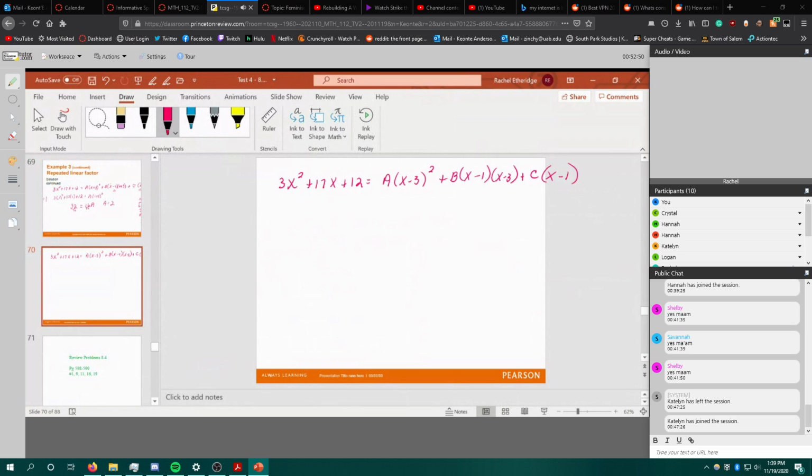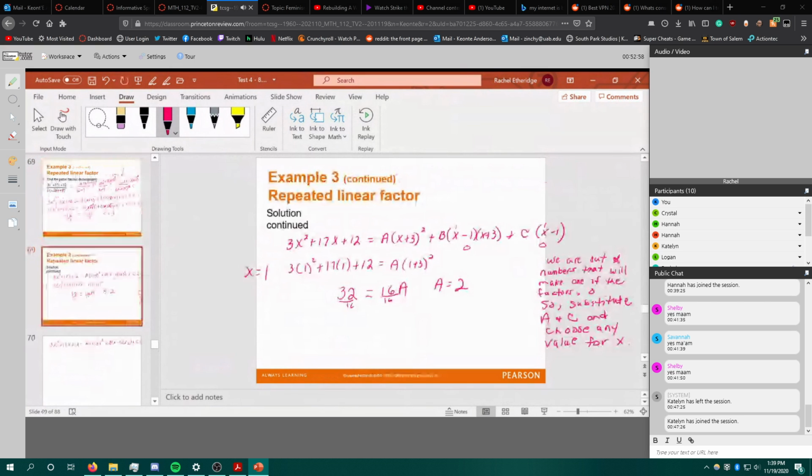Okay, so I'm going to substitute what I got for A and what I got for C. I got 3 for C and A was 2, is that right? Yeah, C was 3, A was 2.